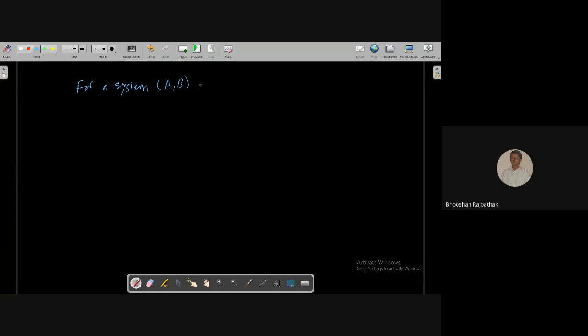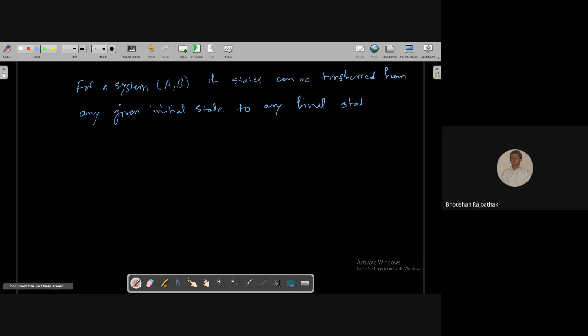For a system AB, if it can be transferred from any given initial state to any final state in finite time, then the system is called controllable. If it is not possible, then the system is called uncontrollable.